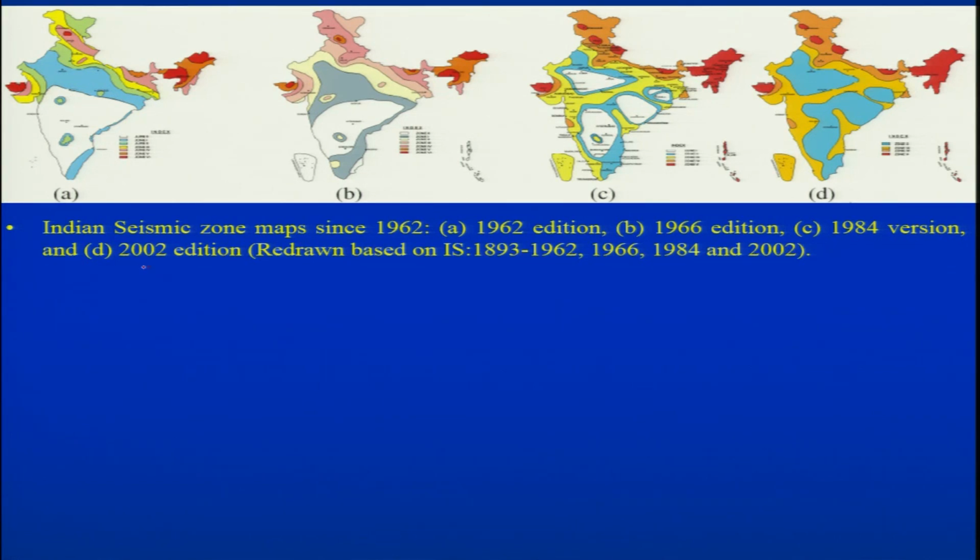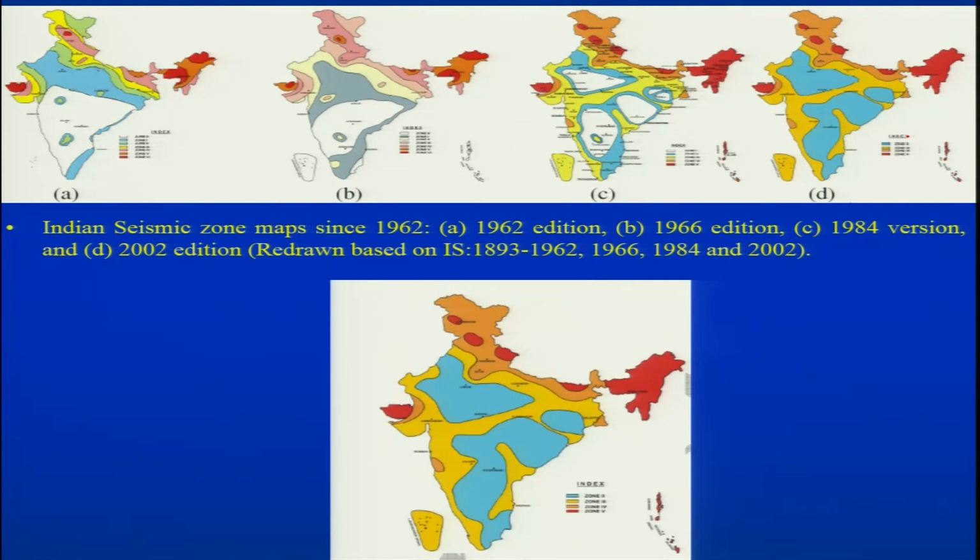So this was before the 2001 Bhuj earthquake. Now what we are following is the recent one, with 4 seismic zones, where zone 1 has actually been removed. So we have zone 5, zone 4, zone 3 and zone 2.